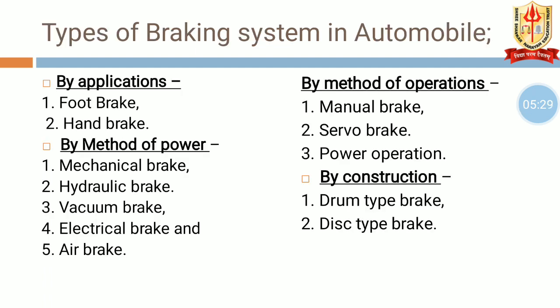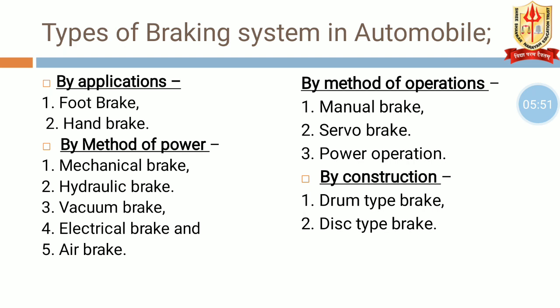Now the types of braking system in automobile. By application, it is classified as foot brake and hand brake. The name itself indicates that the foot brake is applied by the leg only, and the hand brake is applied by the hands.